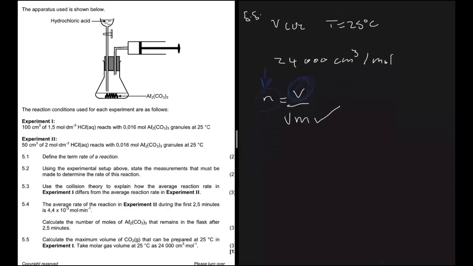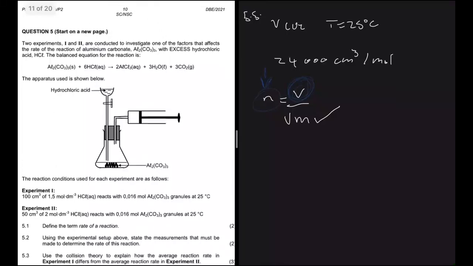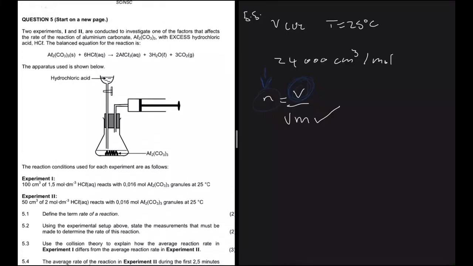But to find the number of moles, it's not really complicated because we can use the equation to do so. We know that in our balanced equation, we have CO2 which is balanced by 3, right? And then we have aluminum carbonate, which is Al2(CO3)3, and then we have that 3 on the outside, which is balanced by nothing, which is basically just 1.